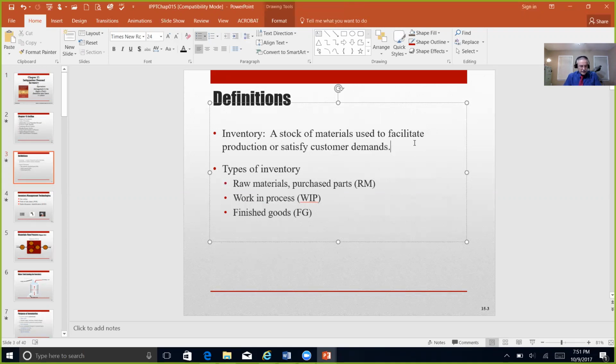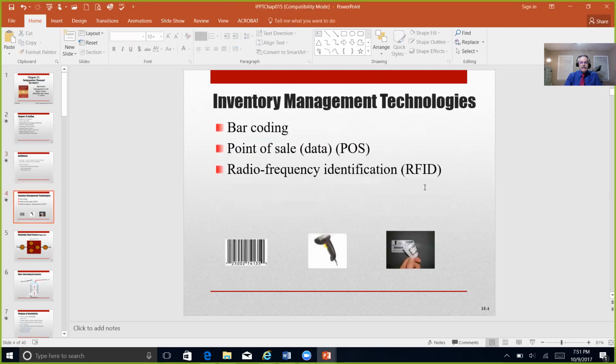Barcoding is not only used in the manufacturing process, but in service processes, retail processes, even in the medical profession as well. Barcoding enables the point of sale, so that data can be collected and then used.